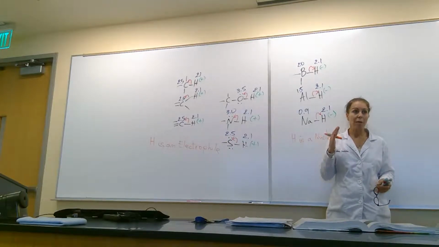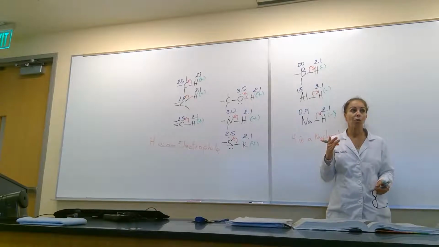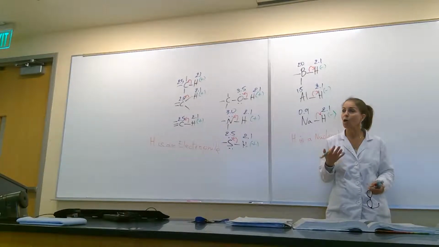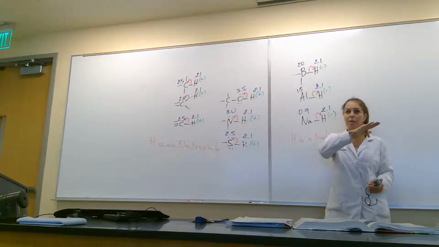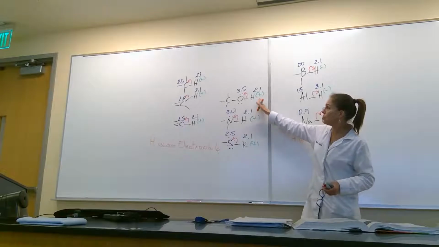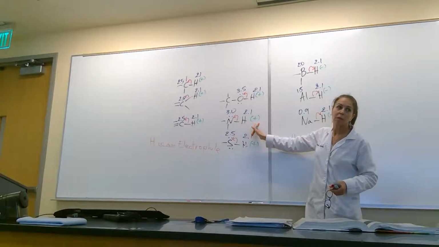So I want you to remember that we don't always, that's why I don't want you to think only of electronegativity. Do you understand? Electronegativity is useful, but not always. When are we going to use it? Only if atoms are in the same period. So between these two, which one is the most reactive, this or this? The oxygen.